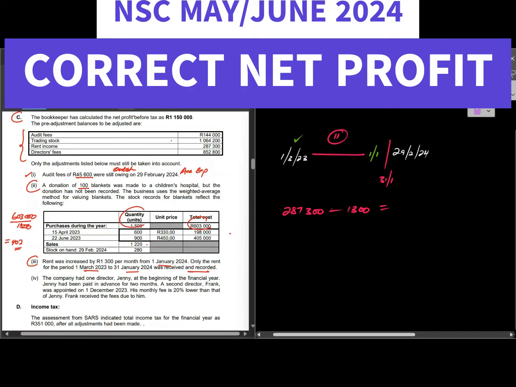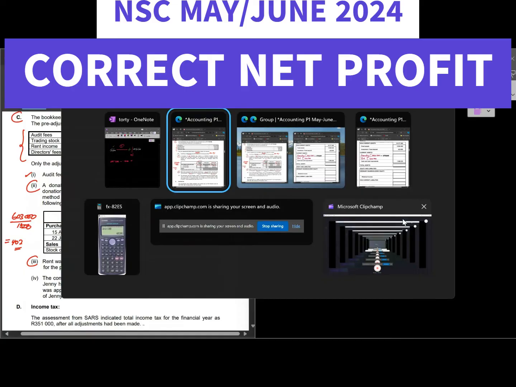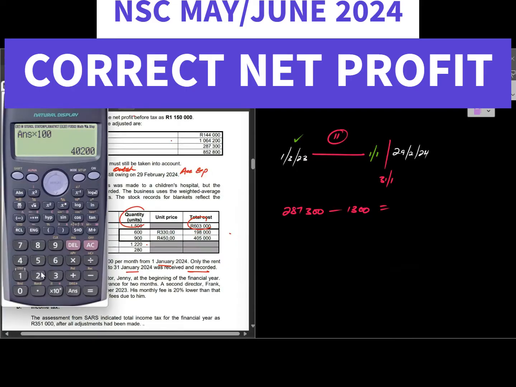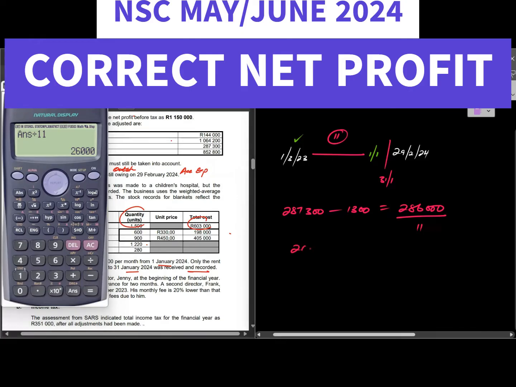It's 287,300 minus 1.3, and that is going to give me 286,000. So 286,000 becomes my rent for 11 months before the increase. I divide that by 11, and I end up with 26,000. 26,000 now is the rent per month before increase.